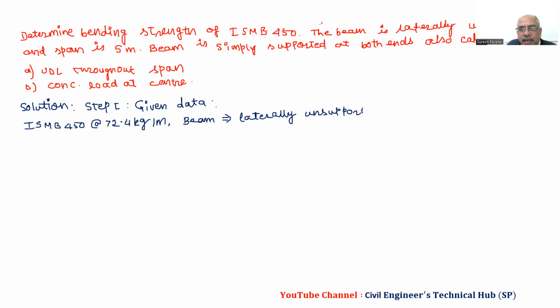When it is laterally unsupported, its bending strength reduces because some of the strength is utilized to develop resistance in the lateral direction. So laterally unsupported, span 5 meter, simply supported. This data is given, and we have to find out the UDL and concentrated load.